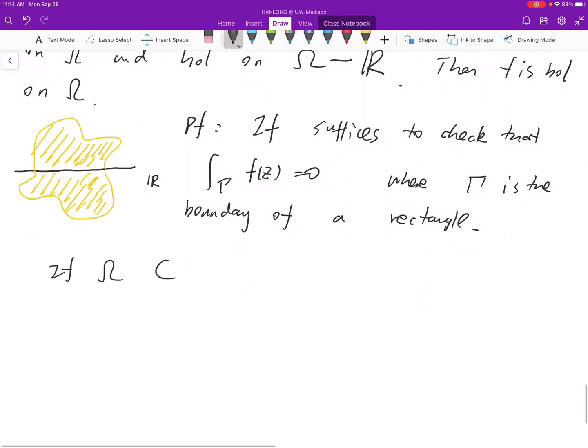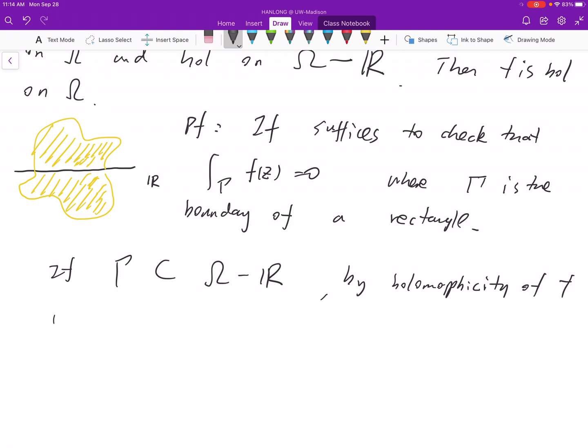If gamma is contained in omega minus the real line, by holomorphicity of f in omega minus R, it holds, star holds.